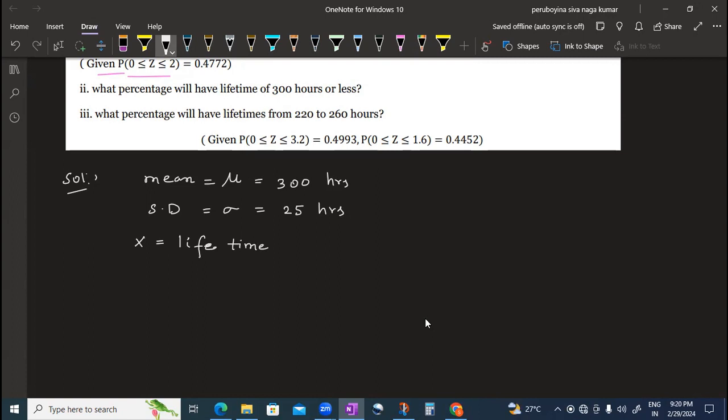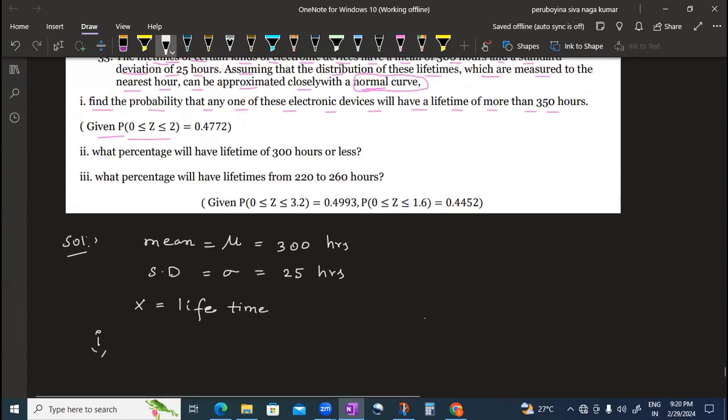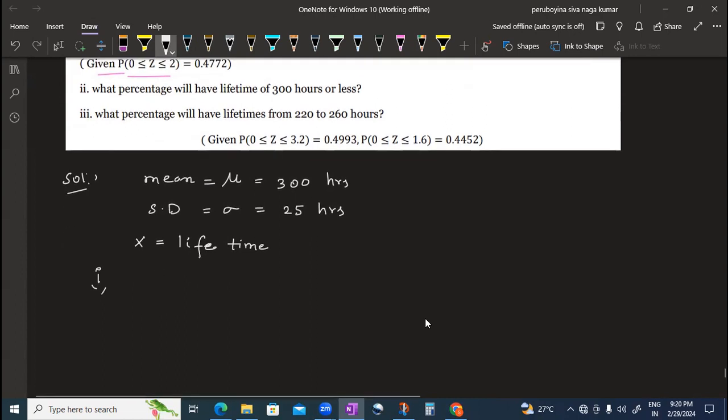The first one is about more than 350 hours. So we need to calculate the probability of a lifetime more than, not more than or equal to, he said simply more than. So P of X greater than 350.